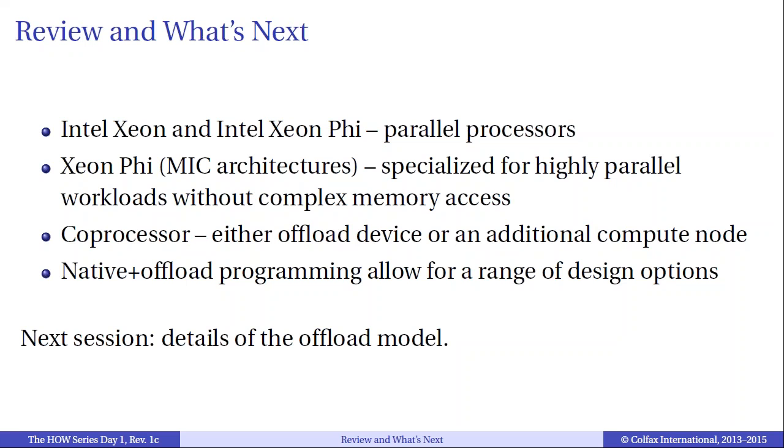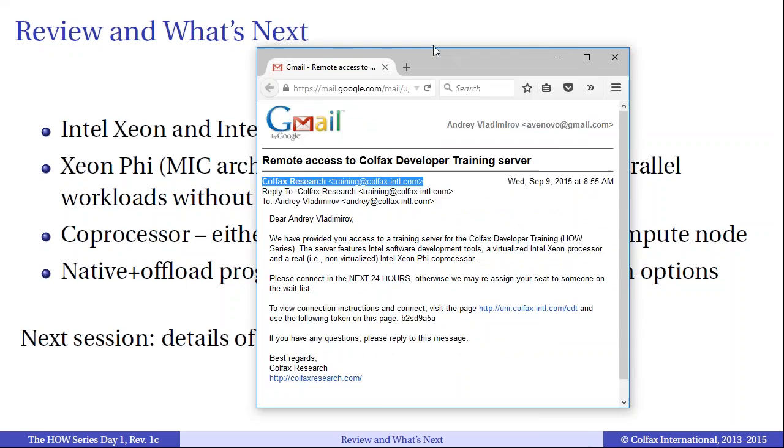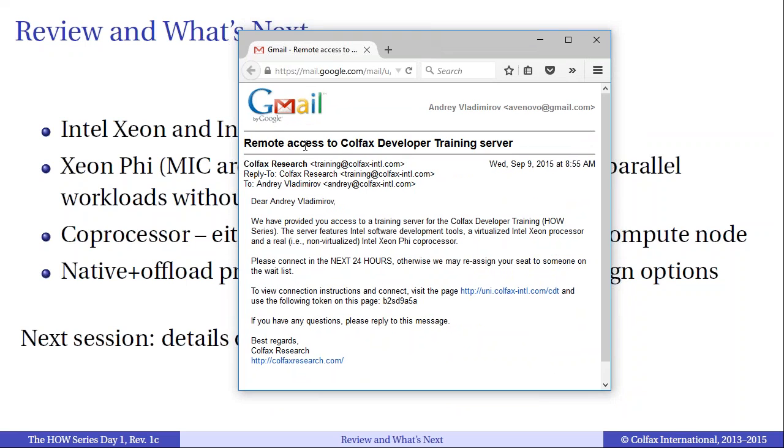Another announcement is the hands-on part. So what I just did is hopefully everything worked, and I sent invitations to people who are present and to people who requested remote access when registered. So you should be able to go to your mailbox and receive an email that looks somewhat like that. The subject is remote access to Colfax training developer training server.